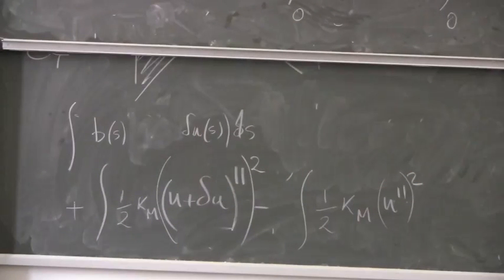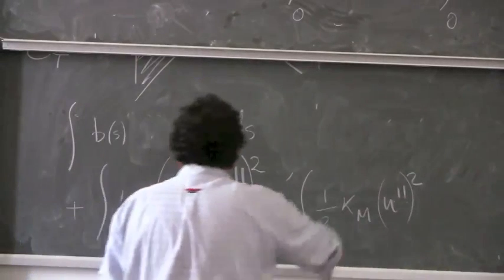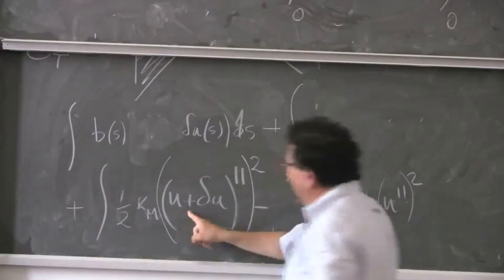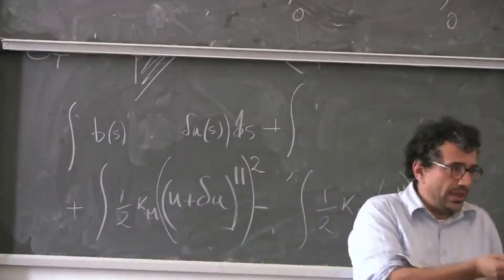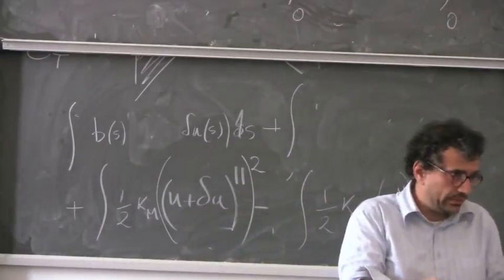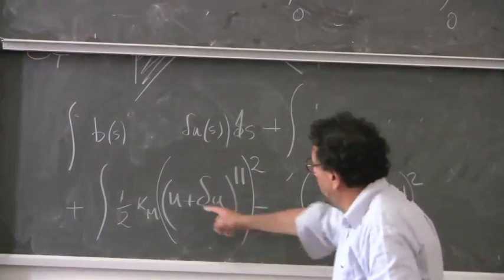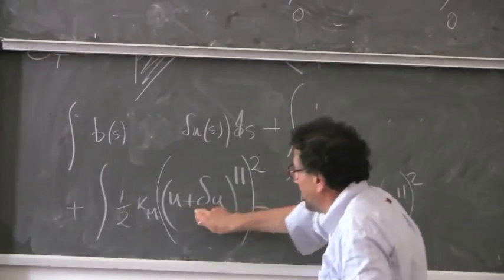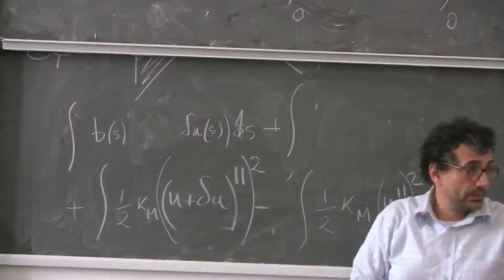Then we have a more complicated story. So, I write plus the integral. The derivative is linear, so this is u'' plus delta u''. Then you develop the squares.